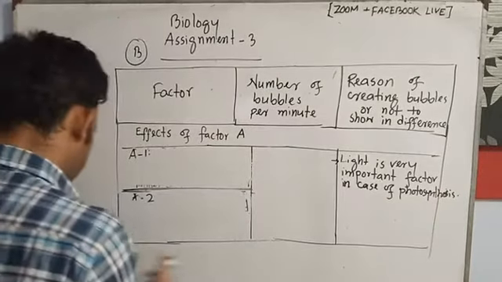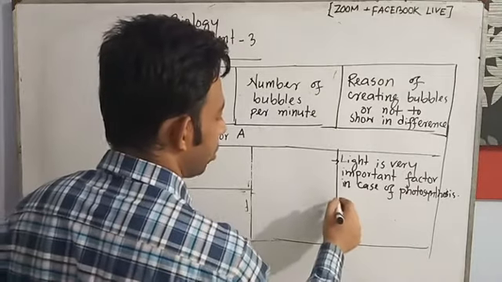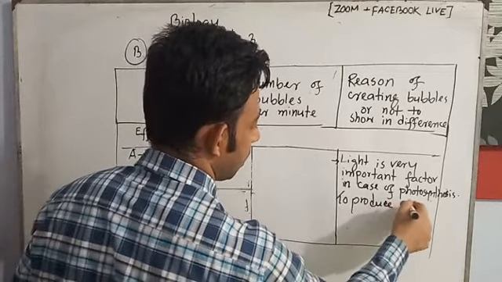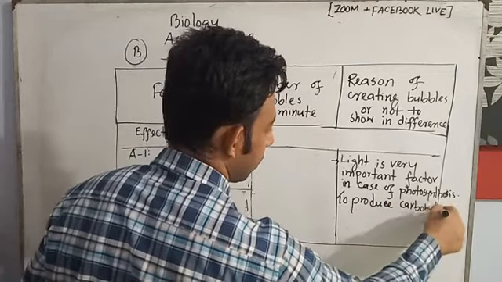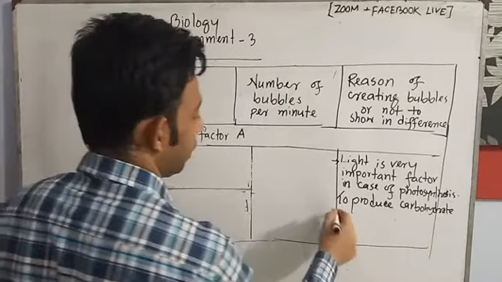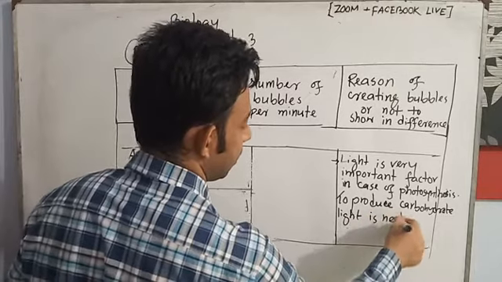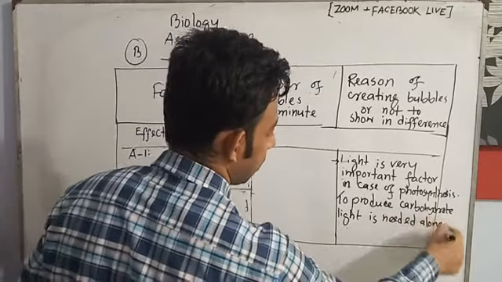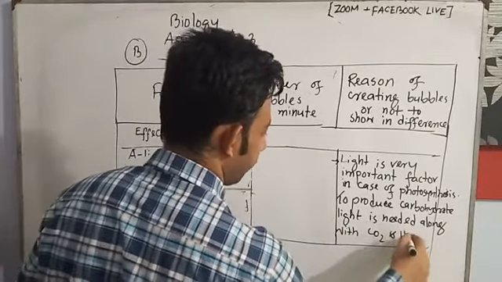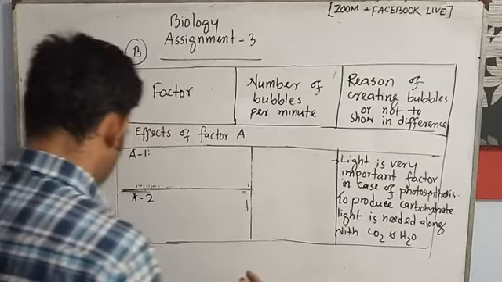So to produce carbohydrate, light is needed along with carbon dioxide and water. Carbon dioxide and water. Okay.